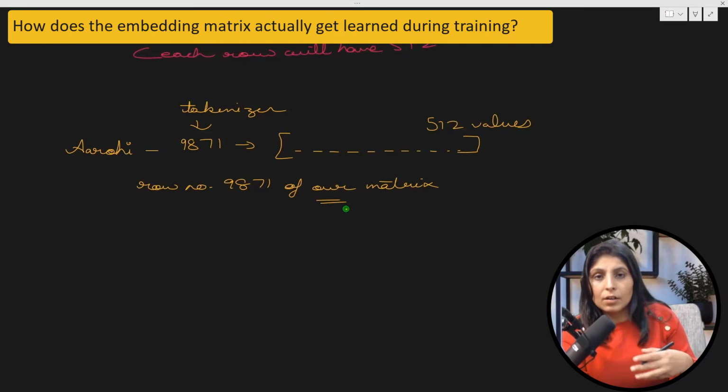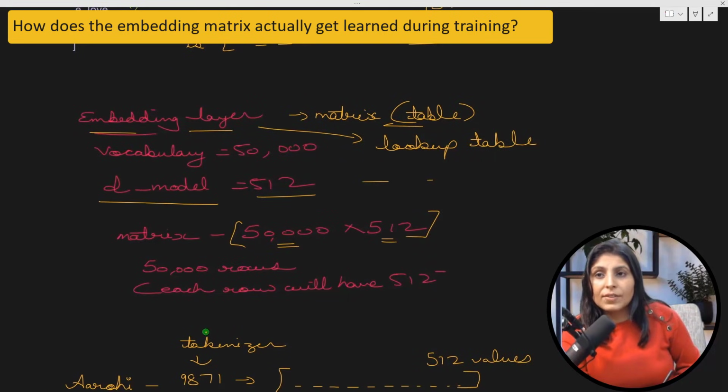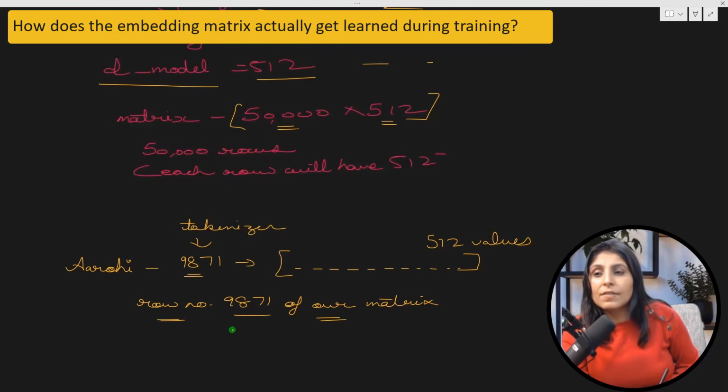We use the embedding layer, the lookup table we were discussing, where we have a matrix with 50,000 rows, and each row has these many numbers in it. Suppose the token ID of Aarohi is 9871. So in row number 9871 of that matrix, we have the embedding vector which represents the Aarohi token.